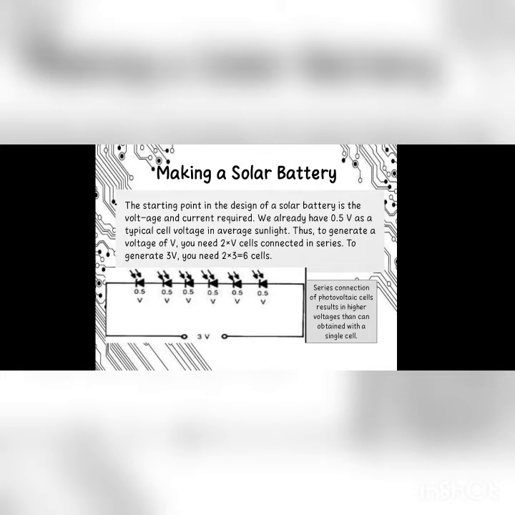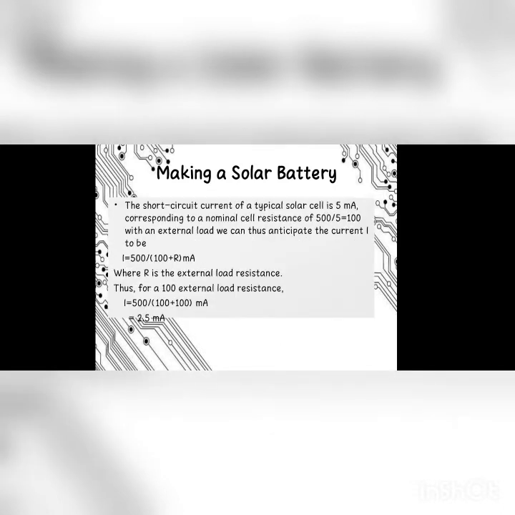The picture shows the series connection of photovoltaic cells results in a higher voltage than can be obtained with a single cell. The short circuit current of a typical solar cell is 5 milliamperes, corresponding to a nominal cell resistance of 500 over 5 equals 100 ohms.